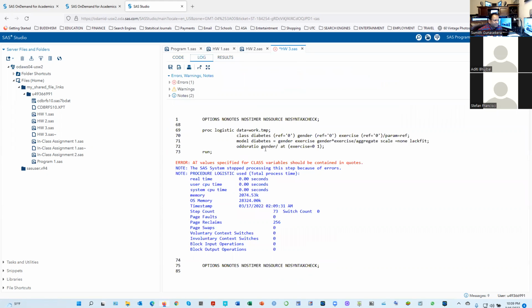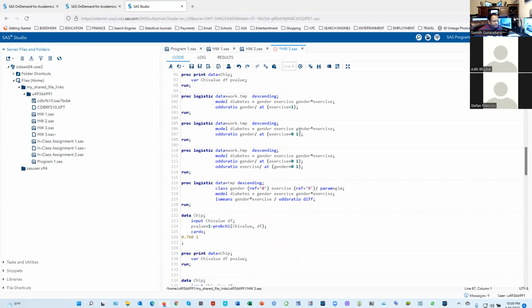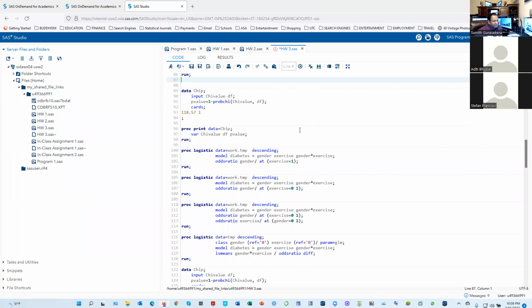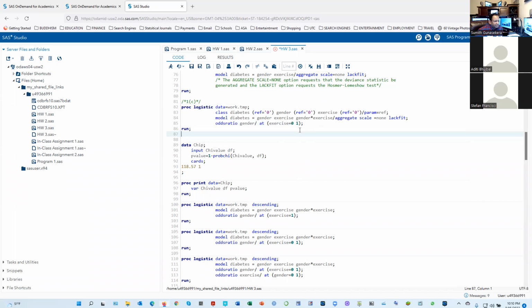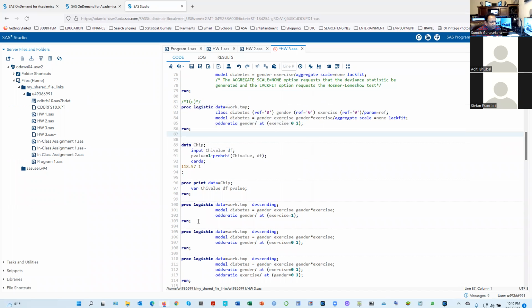Odds ratio, gender, exercise 0 and 1. Let me run this one here separately.